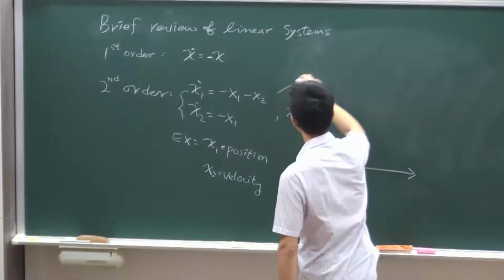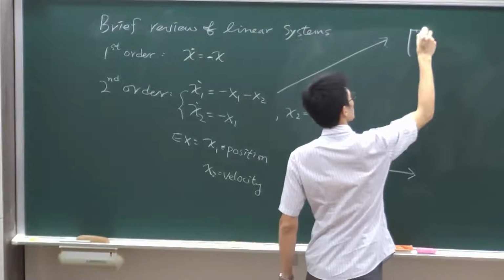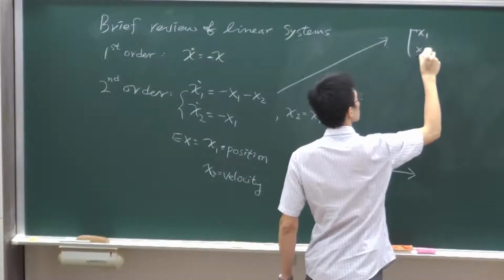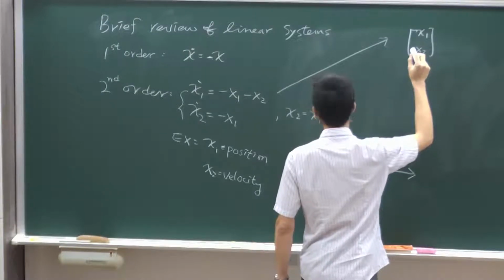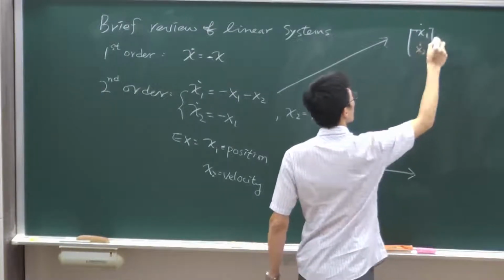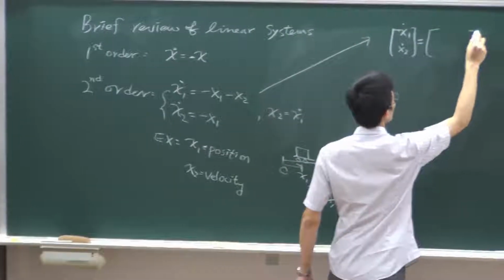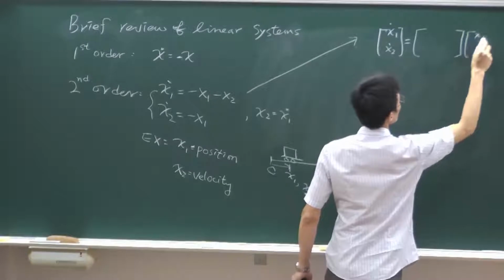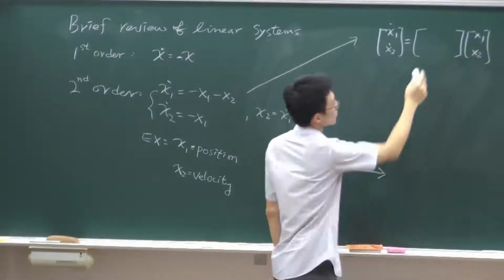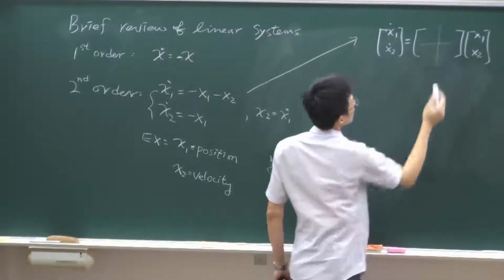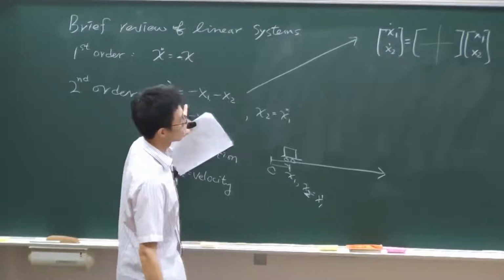And usually it's written in this way: x1, x2. So this is a matrix. You can convert this to this.